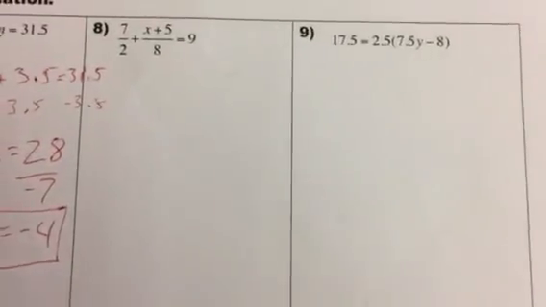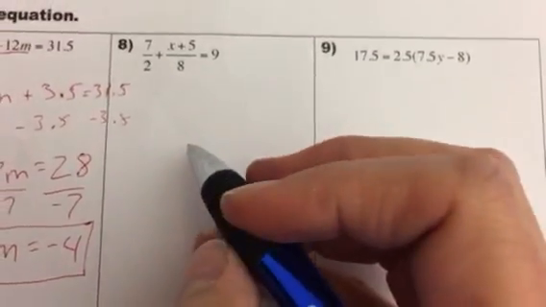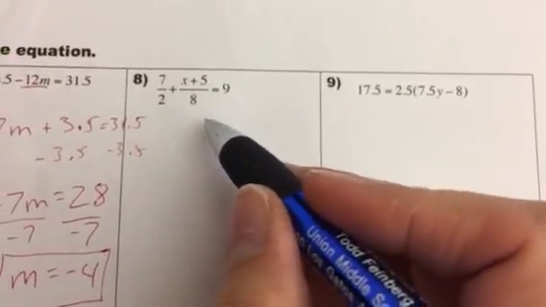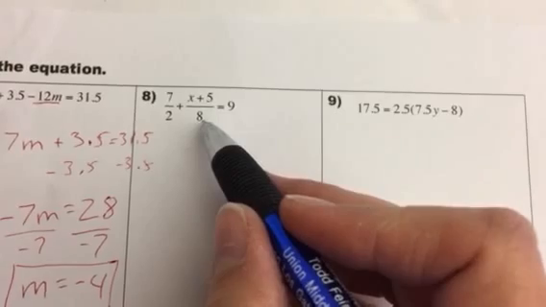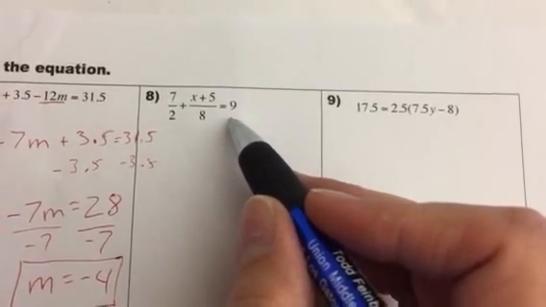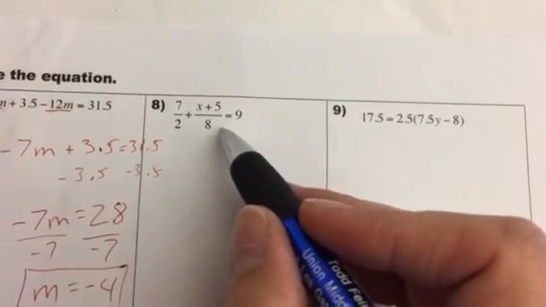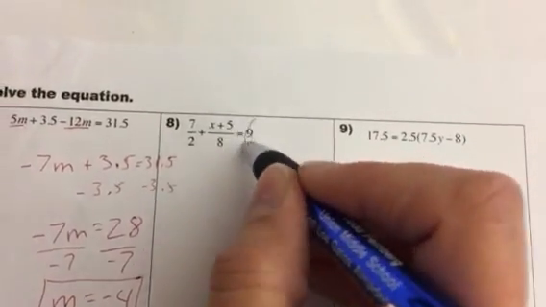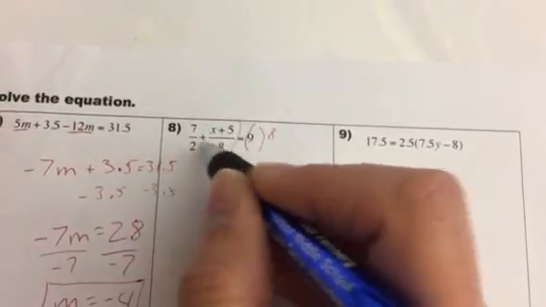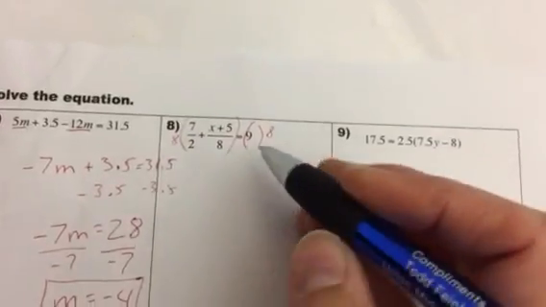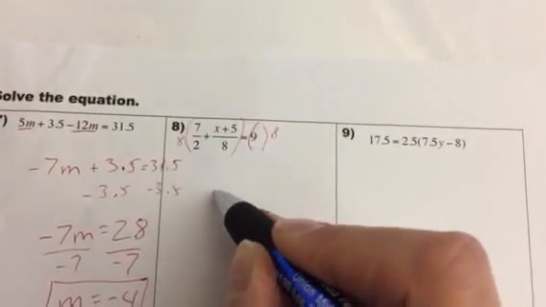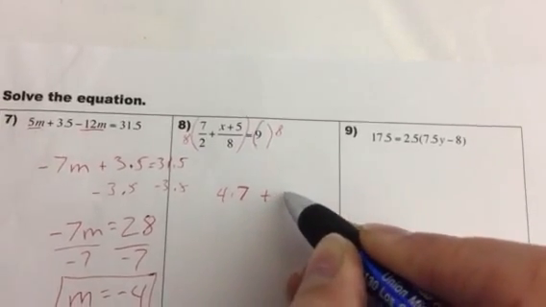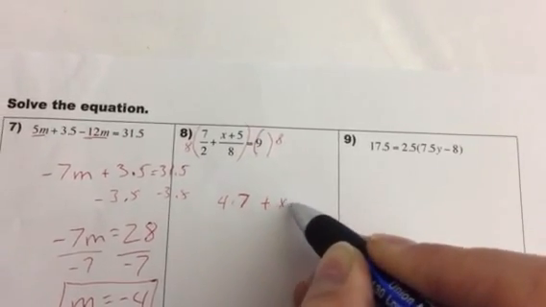Okay, do a couple more before my time runs out on the YouTube length of video. Okay, so this, I'm going to multiply both sides by something in order to get rid of that denominator so I don't have to deal with it. I'm going to multiply both sides by 8. So I get 4 times 7 plus x plus 5.